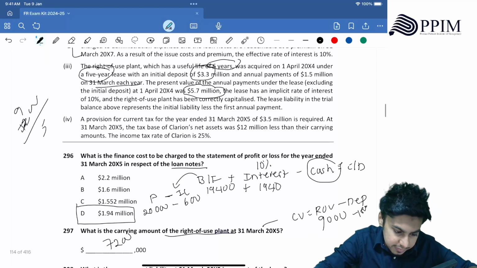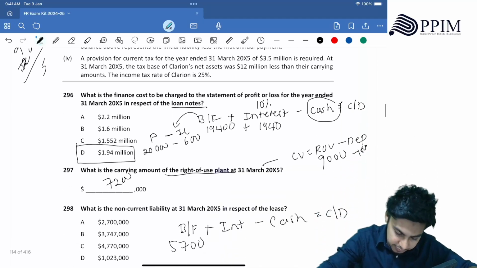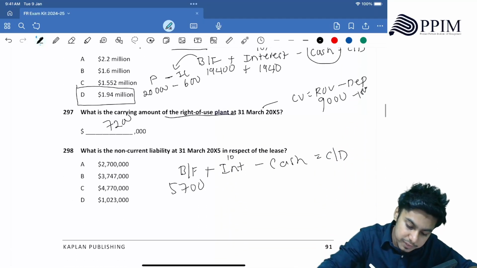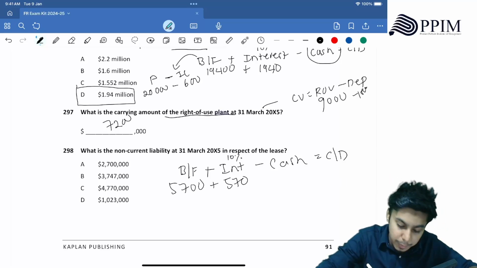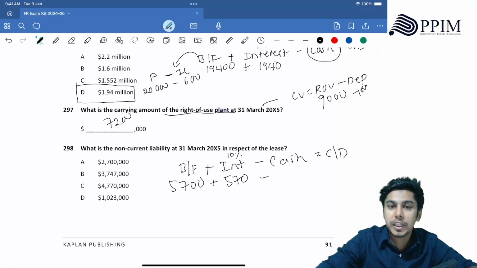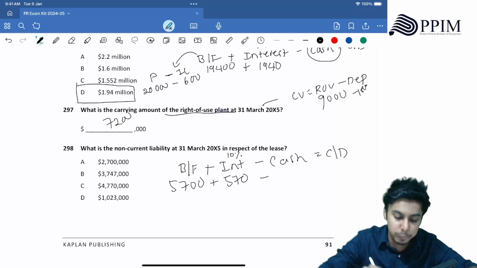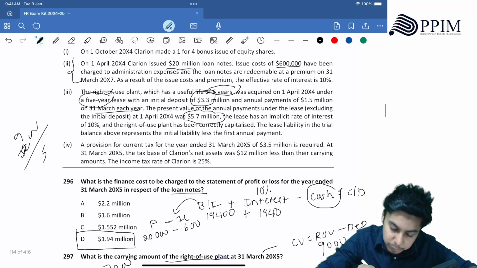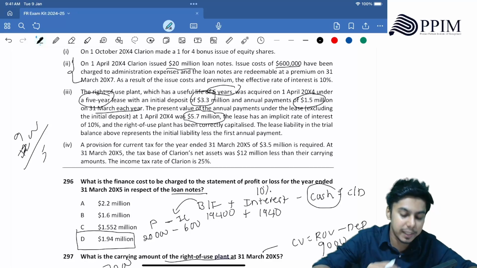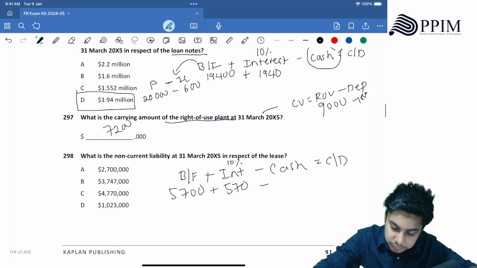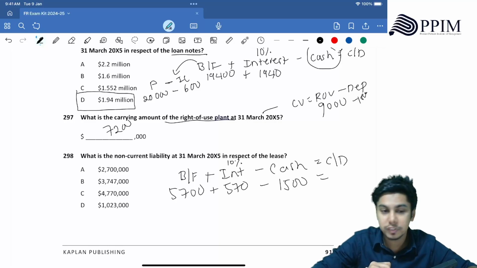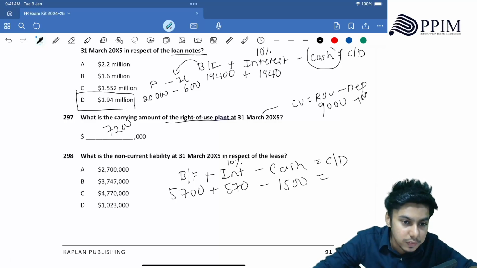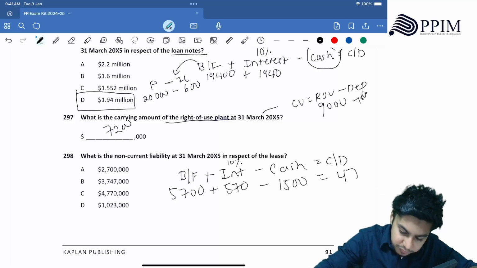What is the interest they are charging? 10%. So 10% interest when you charge, the answer is 570. Minus cash, what is the meaning of cash? Installment. In this question, what is the installment? 1.5 million. That's the installment. Then what will be the carried down for the first year? 4,770.